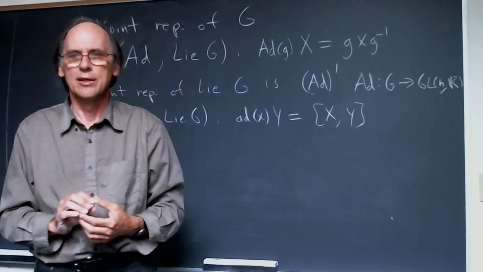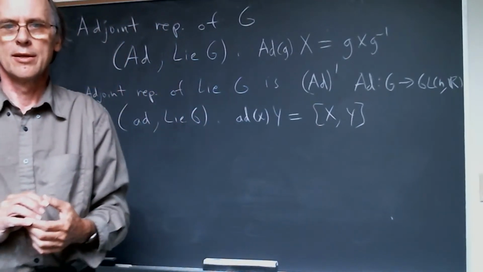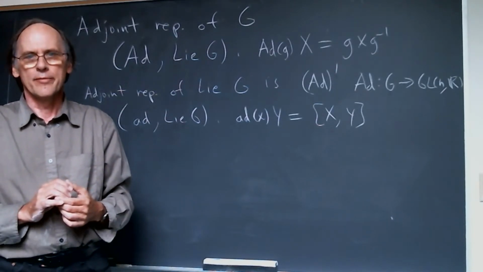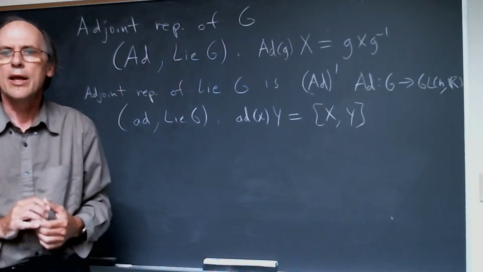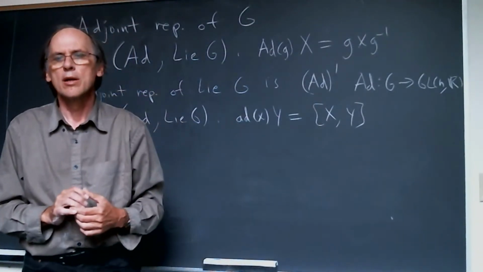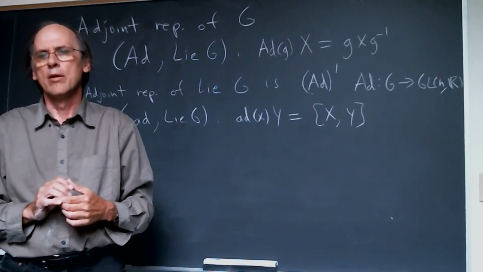Thank you. Okay. Any other questions about this abstract nonsense of Lie algebras, Lie groups? I have a question. This adjoint representation of Lie G, that's a representation of Lie G on itself, right?